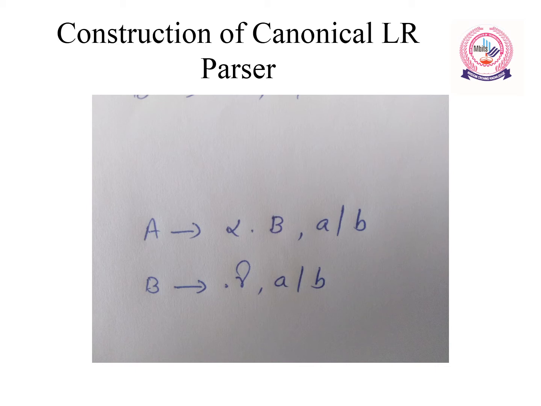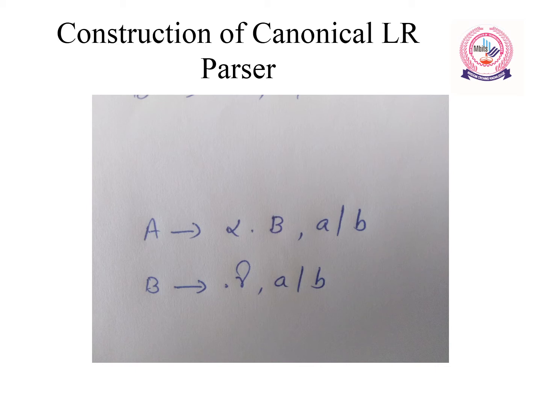According to the basic rule of identification of the lookahead, it will be the first function of the second symbol from where the closure property is applied. That means B gives dot gamma comes from this dot B. So according to the closure property of dot B here, we can write it as B gives dot gamma.